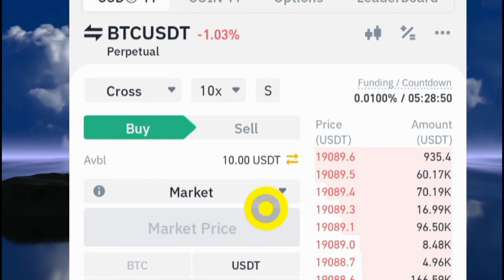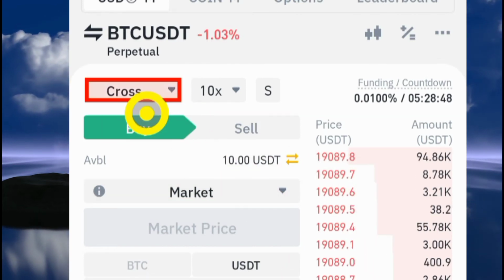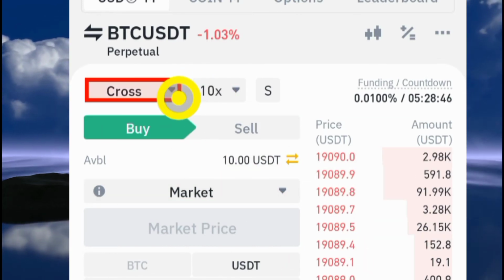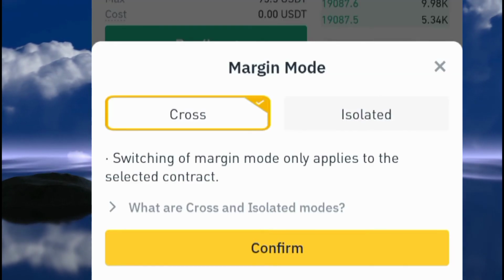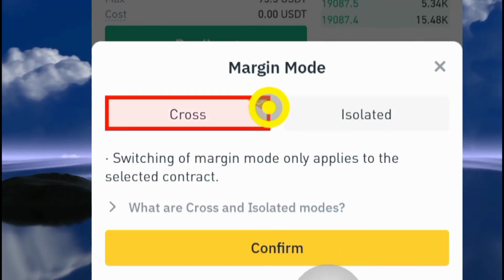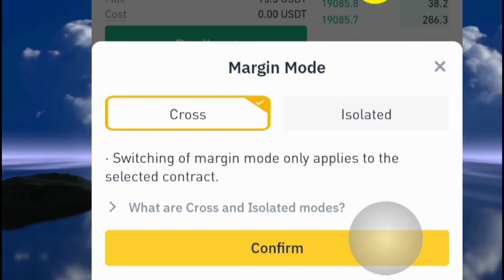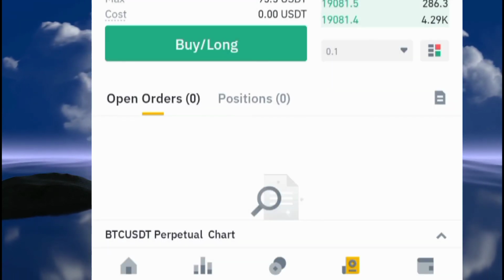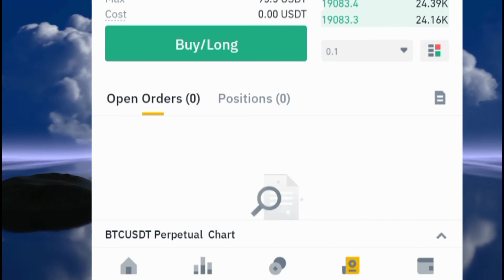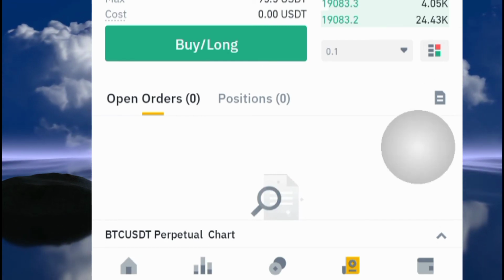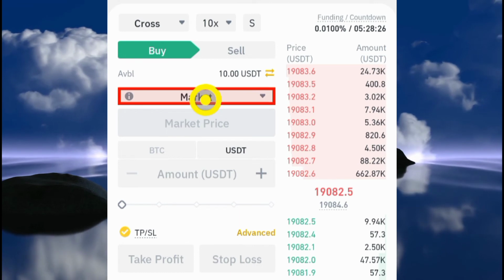Before you can trade on Binance futures, you would have to select between these two modes. One of them is the cross margin mode, and the other is the isolated margin mode. Now we are going to demonstrate this with live trades so that you understand what it means. But before we continue, let's first understand what it means to open a position.